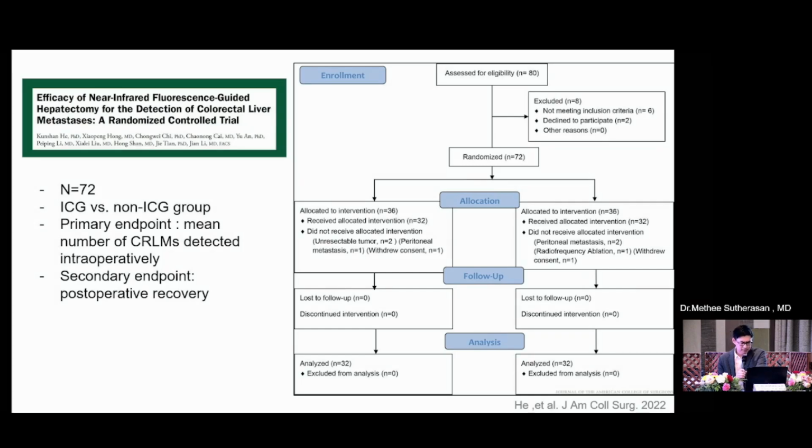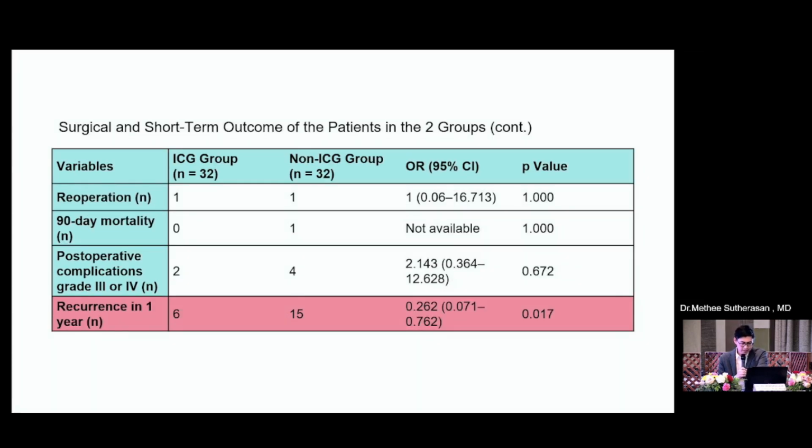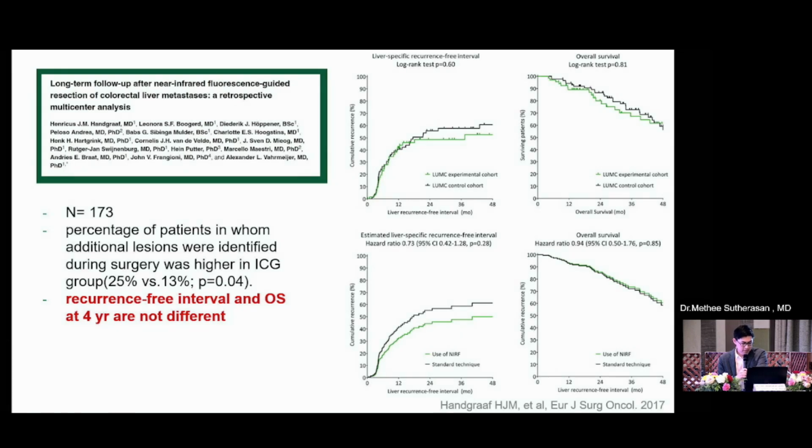And from many studies comparing ICG and non-ICG intraoperatively, they found that they can detect more tumors, especially small tumors, in the ICG group. And in this study, they show that the recurrence rate is lower in the ICG group too. But for the long-term follow-up, there is no difference in recurrence-free and overall survival in both groups.